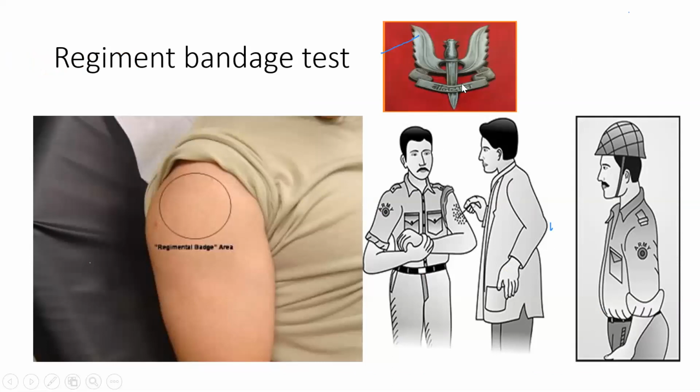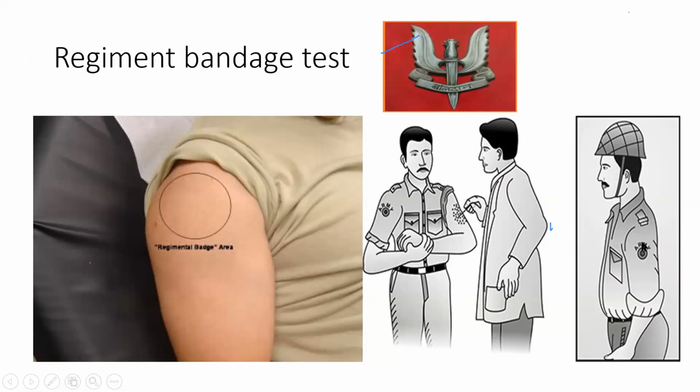The regiment is related to the army, and the army normally has some badge, like a Balidan badge or any badge, that people keep here. The regimental badge test is at this point where you keep the badge.